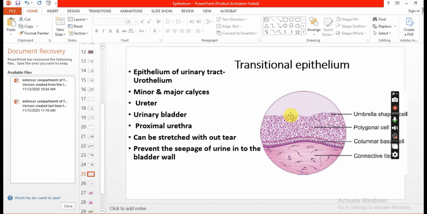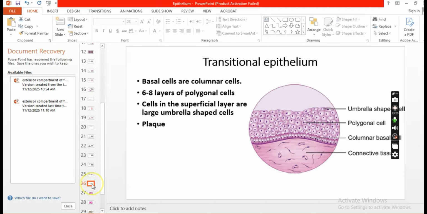This seepage is prevented by a special protein called plaque. So two things to remember: it can be stretched without separating from each other, and at the same time, it prevents the seepage of fluid into the bladder wall. This is otherwise called urothelium.